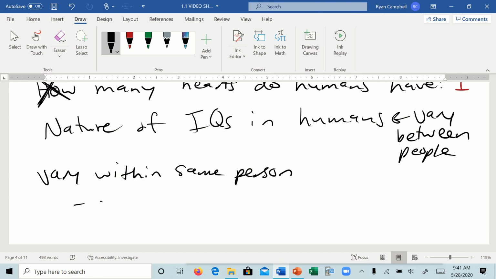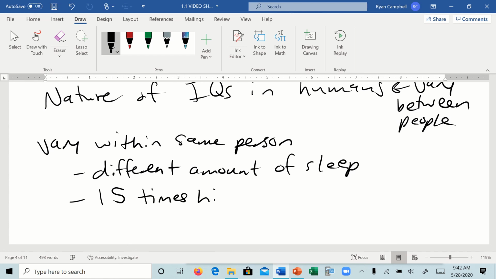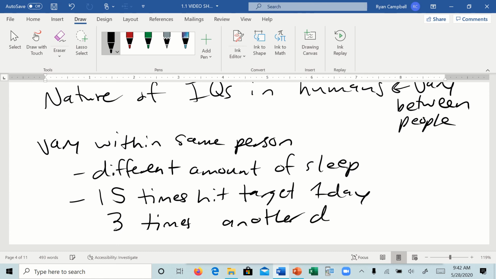So how does a different amount of sleep affect one person, right? That data would be different each day. Maybe you can hit a target 15 times one day, but only 3 times another day, right? So maybe that would be because of sleep or something.